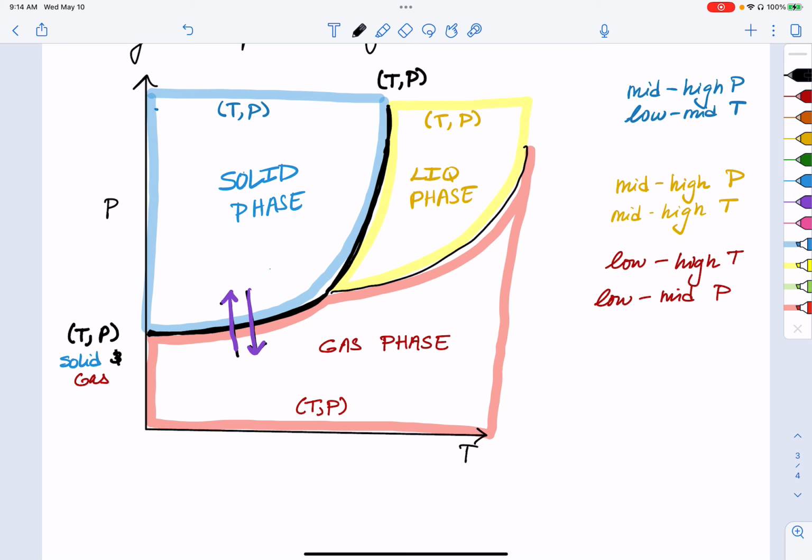Since we are looking at a curve that is a boundary between the solid and liquid phase, that means we have a phase equilibrium set up between these two phases, meaning at these temperatures and pressures, we see both solid and liquid present.